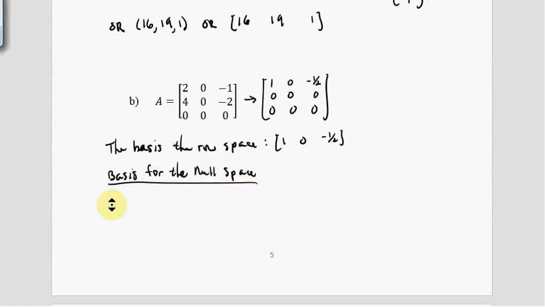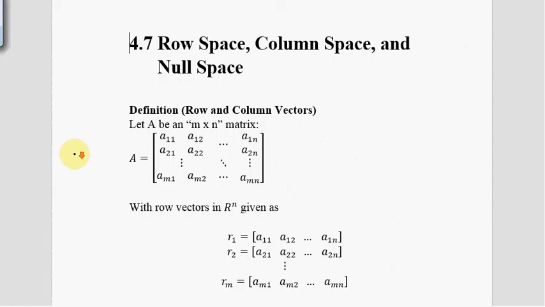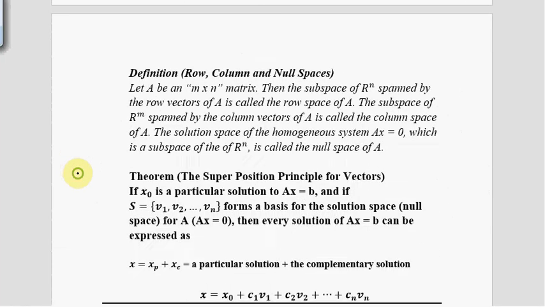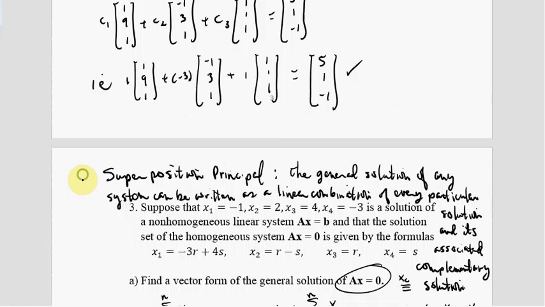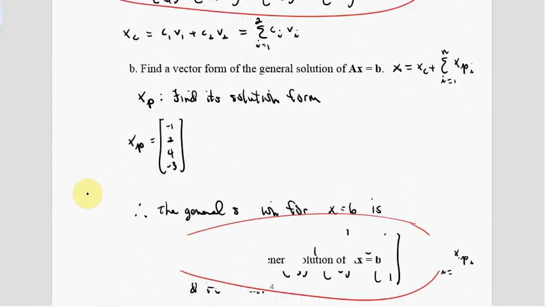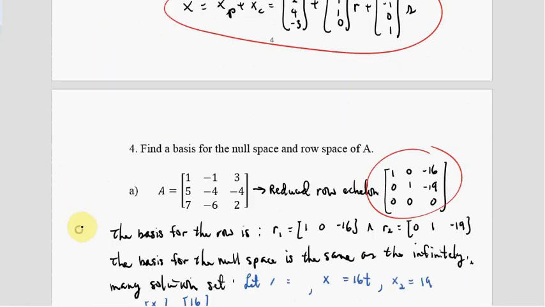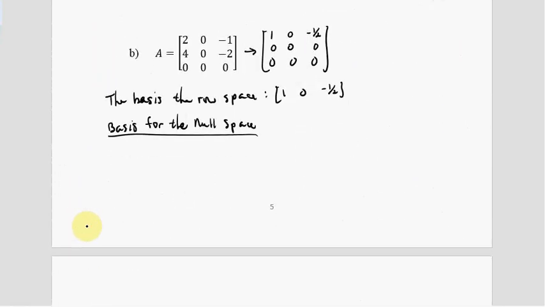So here, what is wrong with this computer? So we have x sub 1 minus 1/2 x sub 3 equal to 0.